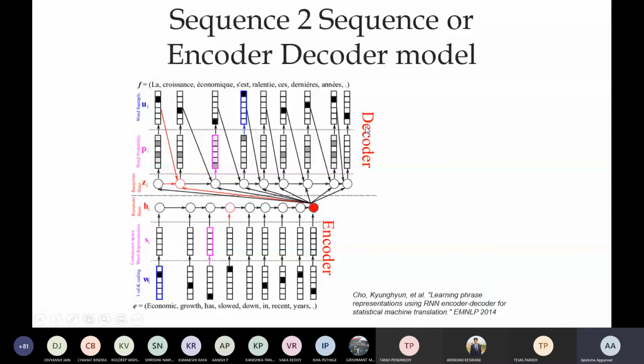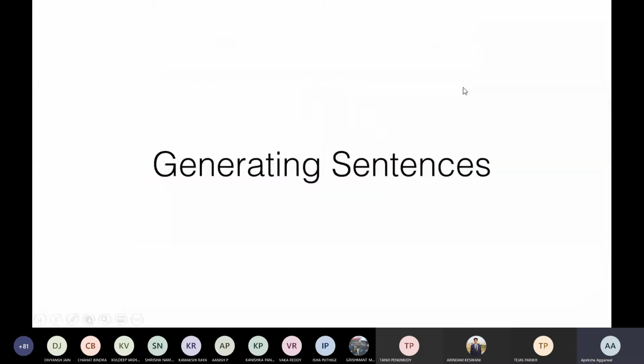So this is the basic architecture of encoder decoder. This is also another type of sequence to sequence model. Now today we are going to have a look at gated recurrent units, GRUs. Okay, so let us move ahead.